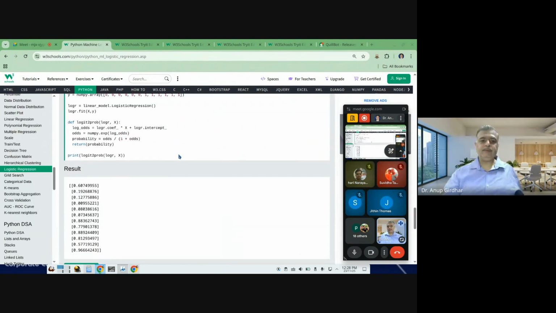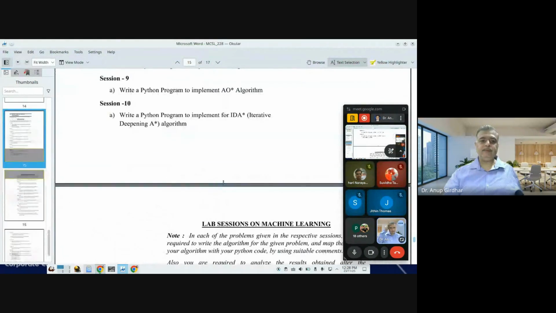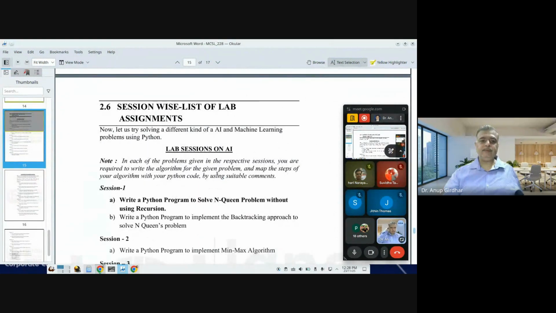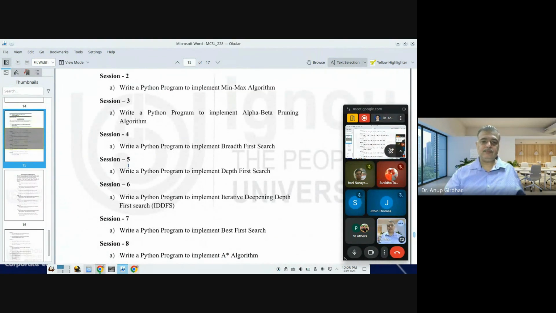You can practice all these methods and complete your sessions of AI and machine learning. Complete all the sessions.